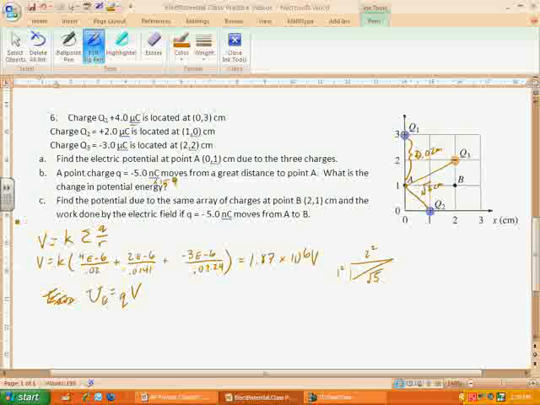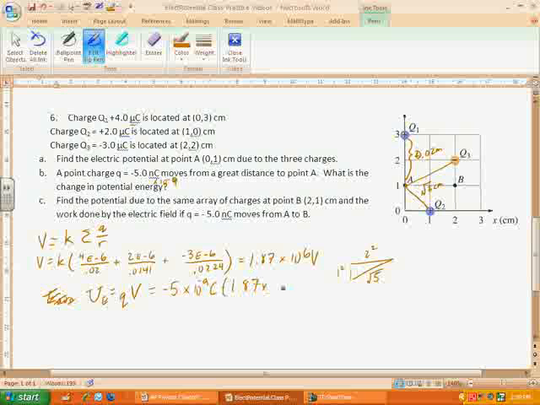So when I've brought it to point A, what's going to happen? Well, let's take the point charge of negative 5 times 10 to the negative 9th coulombs and multiply it by our voltage, which is 1.87 times 10 to the 6th.